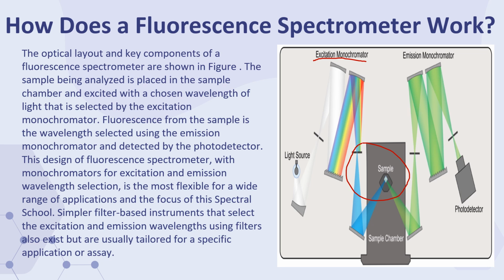Fluorescence from the sample is at a wavelength selected by the emission monochromator and detected by the photodetector. This is the emission monochromator and this is the photodetector. The design of a fluorescence spectrophotometer with monochromators for excitation and emission wavelength selection is the most flexible for a wide range of applications.